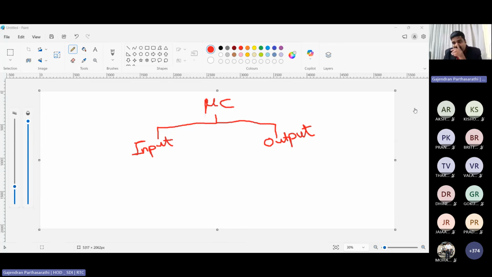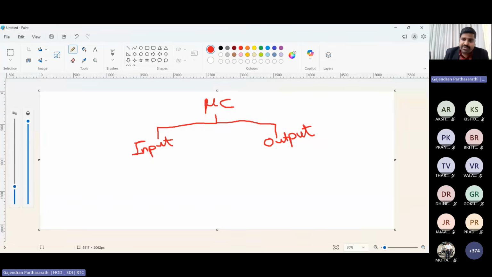Yesterday we saw the examples of keyboard, mouse, printer. From our school days, we have been learning this concept, that's why you are immediately responding to this. Apart from that, a sensor, very good. A sensor is an input device.